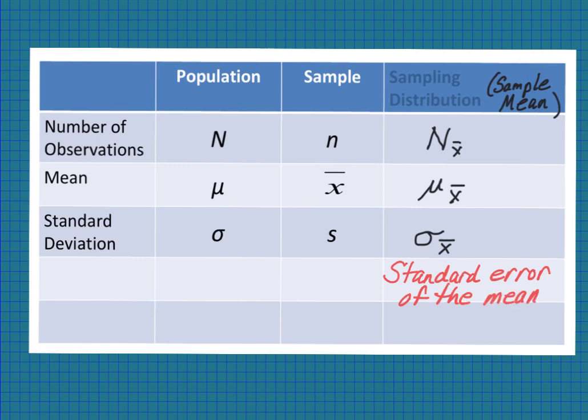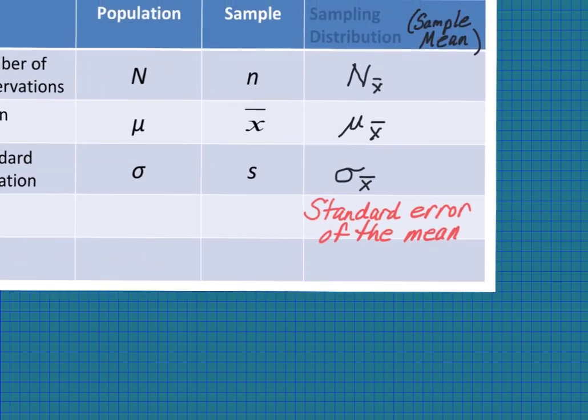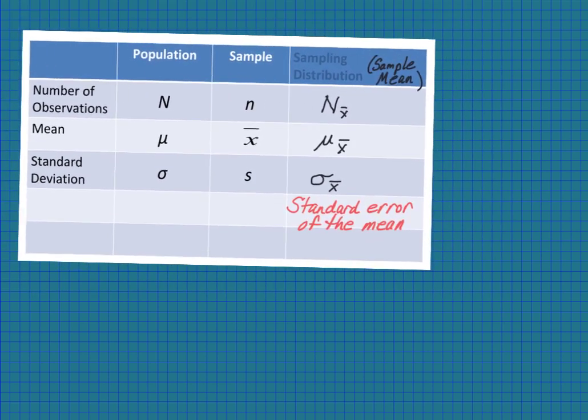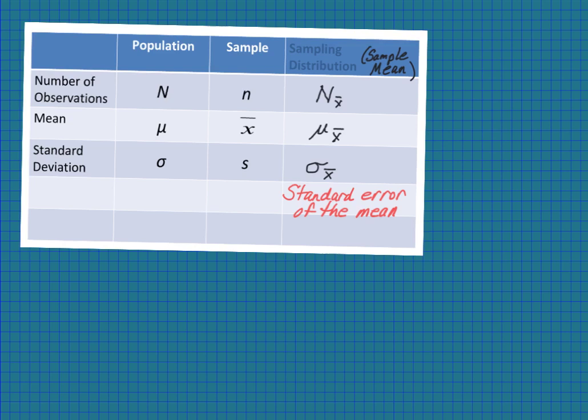Now, for the moment, we are going to be working with the case in which we know the population. We know the number of observations, we know the population mean, we know the standard deviation of that population. And we're going to see what would happen if we could take all possible samples of that population and what would be true about the mean of the sampling distribution, the standard deviation, or the standard error of the mean of the sampling distribution.